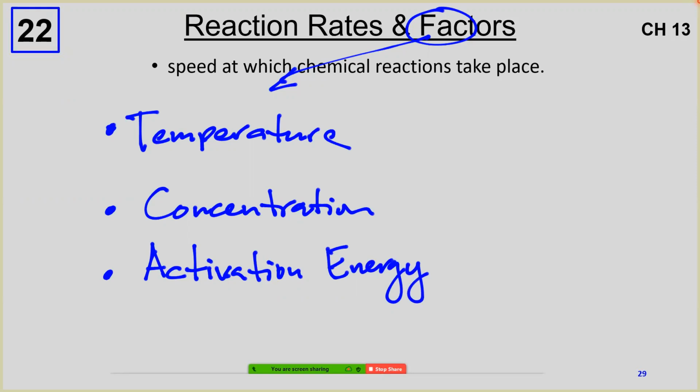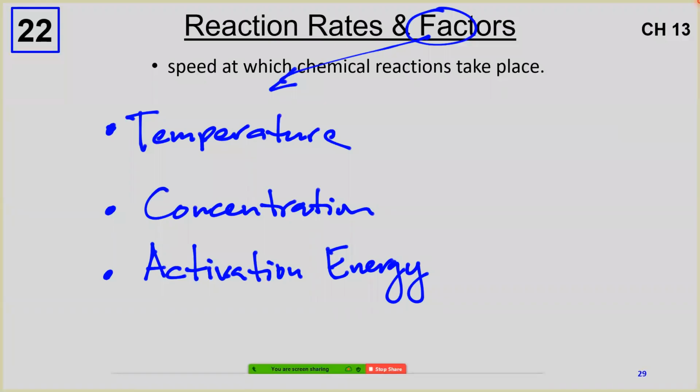All right, so temperature affects the speed at which the molecules are moving around. Remember that a chemical reaction happens when the molecules collide in solution. So the faster the molecules are moving, the higher the likelihood that they will collide with each other and cause a chemical reaction.